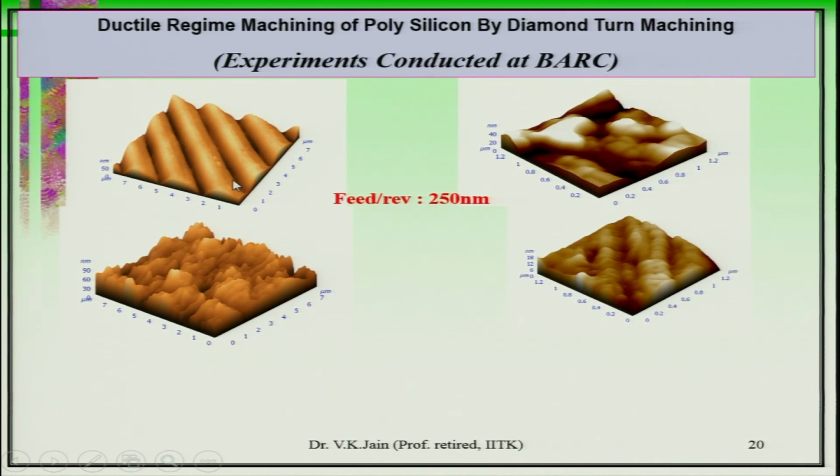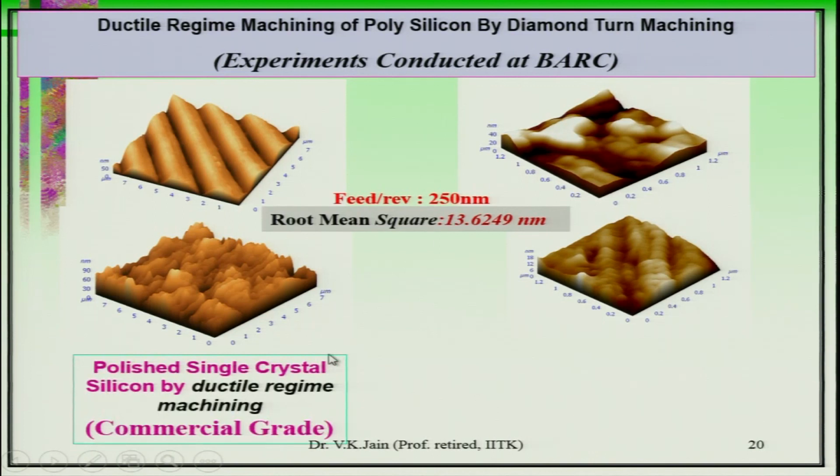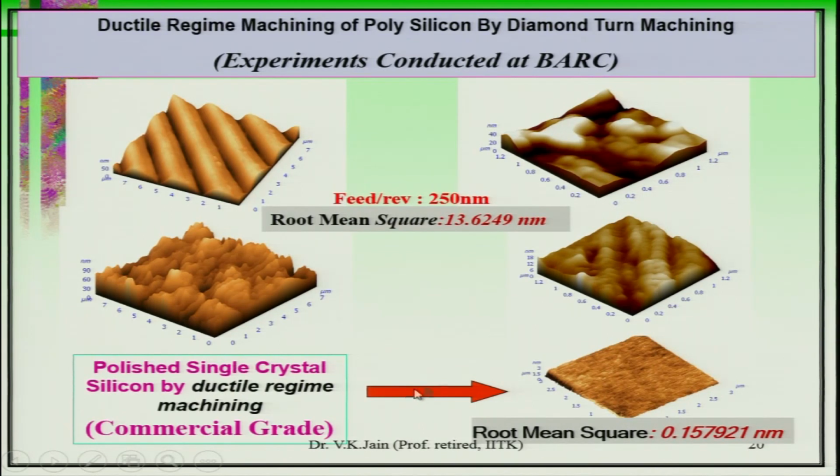This is the original surface that they started machining, and if you see here, they had 13.6249 nanometer root mean square value of the surface finish in the beginning, and after polishing it, polished single crystal silicon by ductile regime machining of the commercial grade, you can see the difference between this surface texture and this surface texture, and these are the intermediate surface textures.